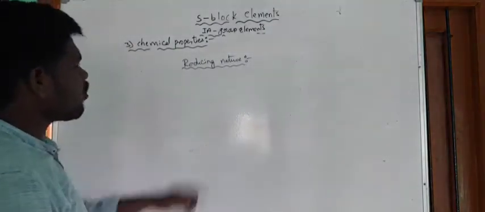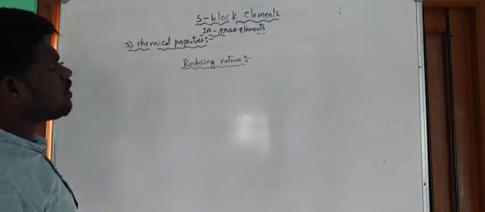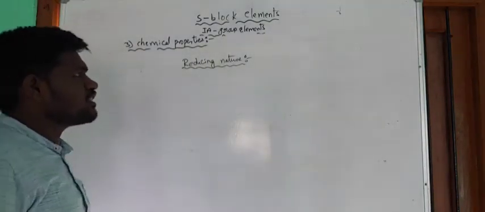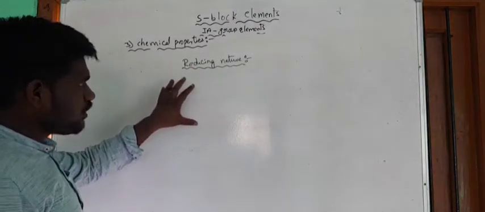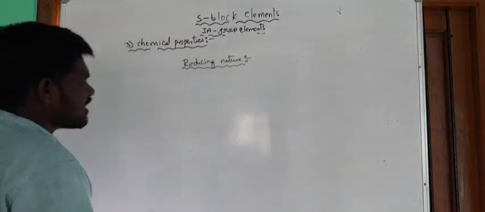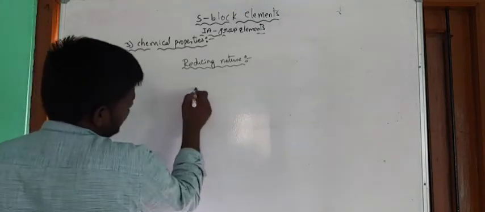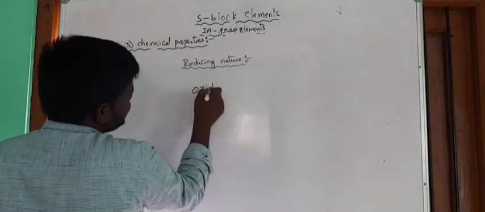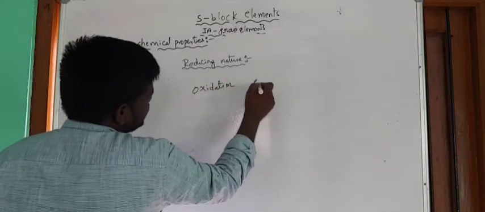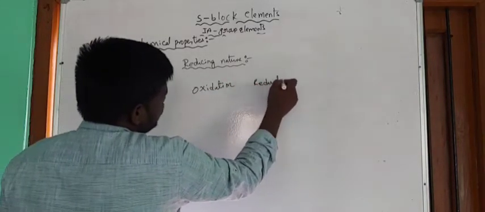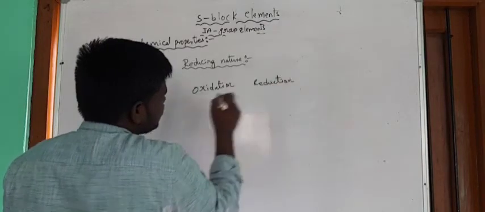So the next chemical property of the first A group elements is the reducing nature. Before going into this, it is better to have an idea regarding oxidation and reduction.